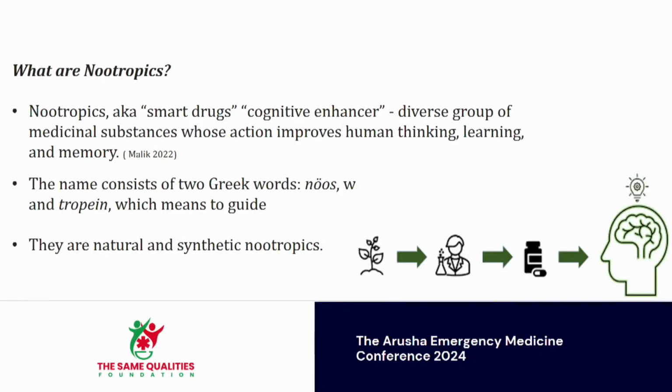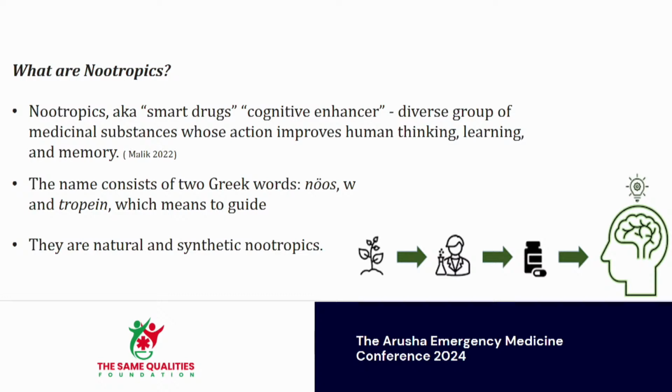Fast forward one month ago, I'm like, okay, let me search what is going on in our country or what is new with nootropics. Guess what? I find out that nootropics are actually smart drugs. They are literally cognitive enhancers. So they are this new bunch of drugs that are either synthesized or some sort of plants or things that we have in our environment that either make us smart or enhance our cognition.